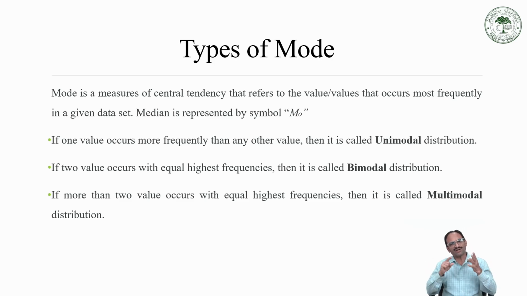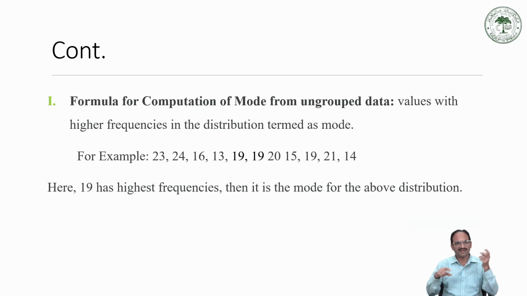So after learning what is mode and its characteristics as well as its types, let's see how to calculate mode. There is no complex formula, there is no complex method. It's very simple. Just see the data and see which number is appearing most of the time.